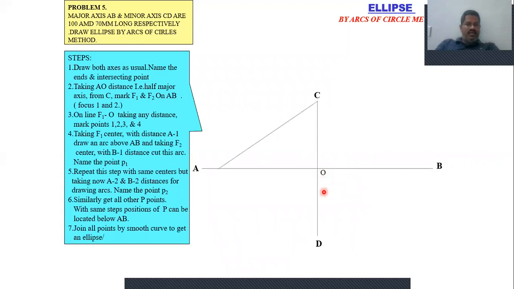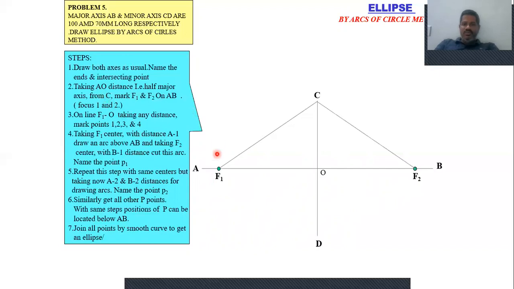Taking AO distance, that means half the major axis, with C as center, we will get one point here. Name that point as F1, that means focal point 1, and you will get one more focal point F2.